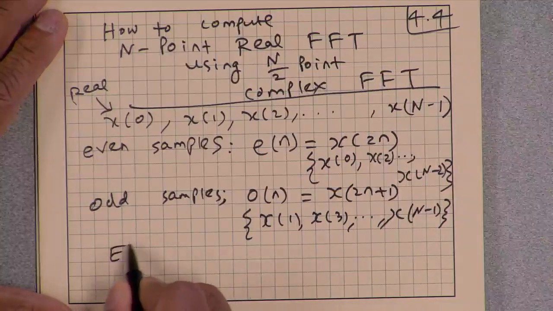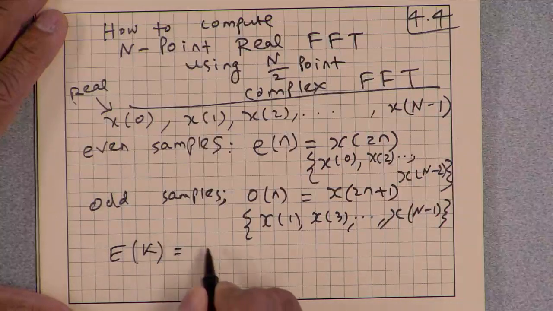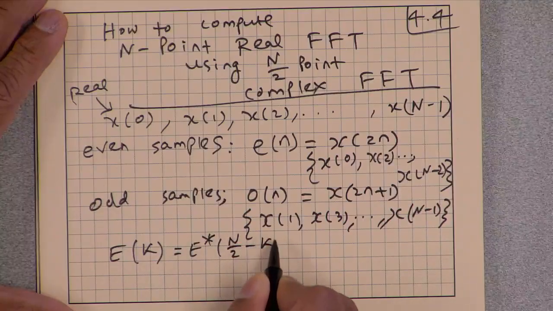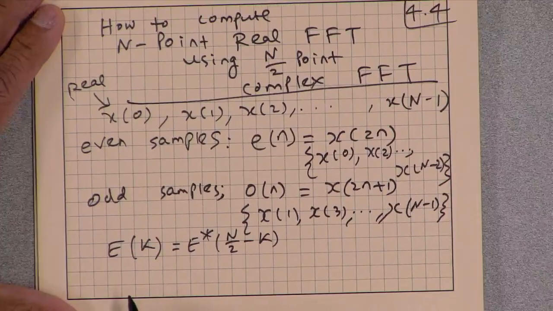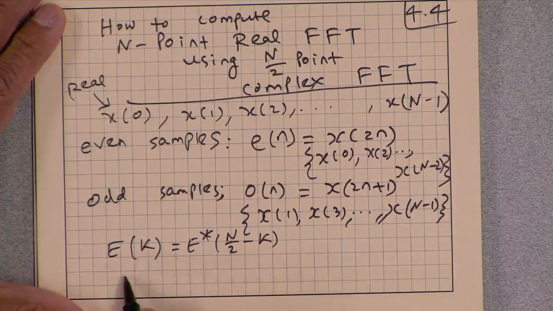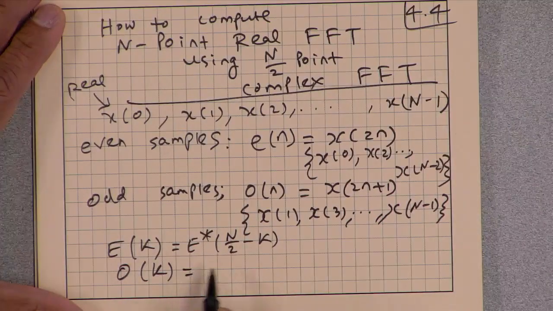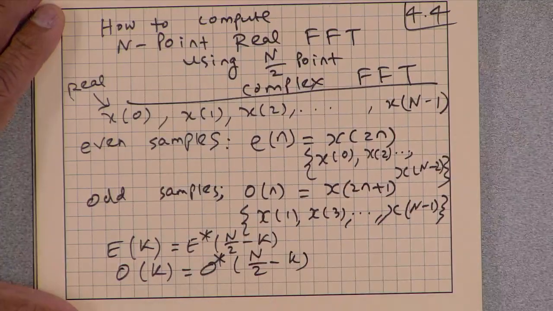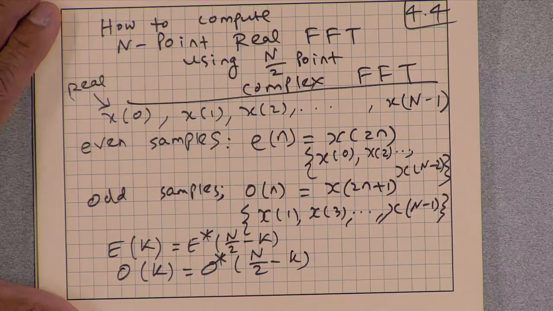So Ek is the conjugate of E(n by 2 minus k), and Ok is the conjugate of O(n by 2 minus k). They also satisfy conjugate symmetry, but their lengths are n by 2.